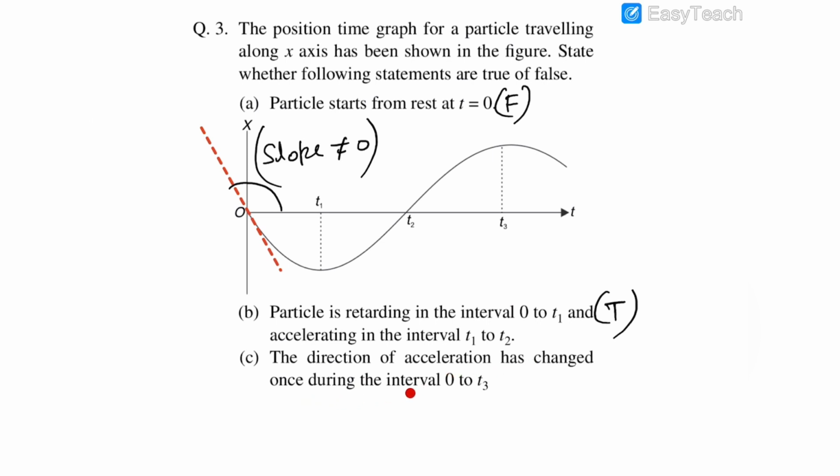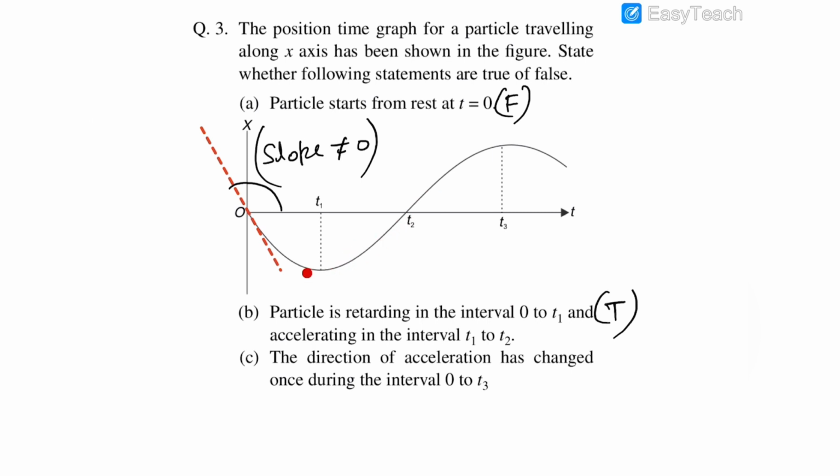Option C says that the direction of acceleration has changed once during the interval 0 to t3. You can see that the slope is decreasing continuously and velocity became 0 here. So the particle was initially moving in the backward direction and acceleration was in the forward direction. Eventually the particle came to rest, and then it starts to move in the forward direction, and displacement starts to increase in the positive direction.